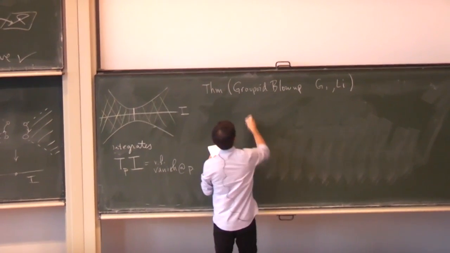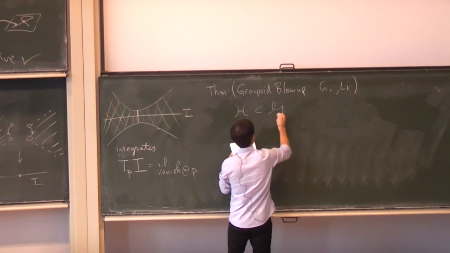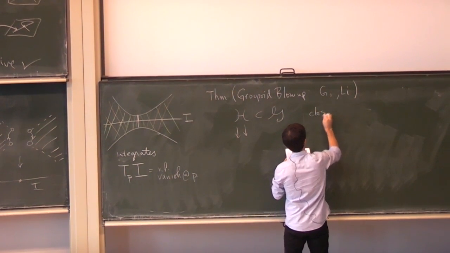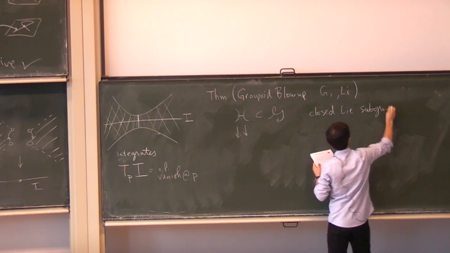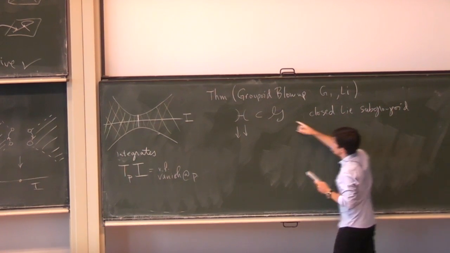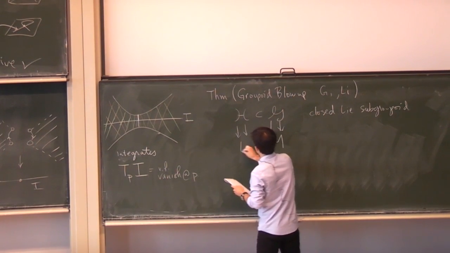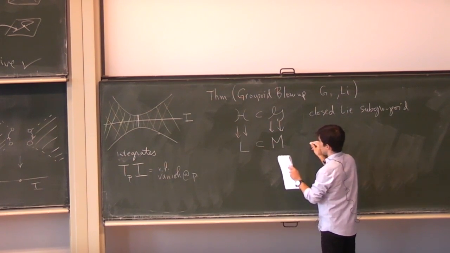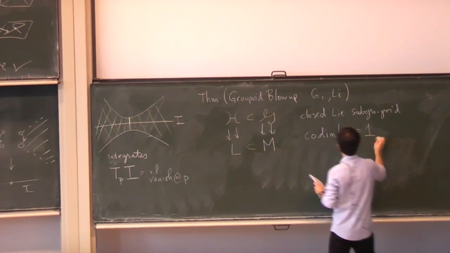Suppose that you have H inside G, a closed Lie subgroupoid of G. Suppose that G is a groupoid over M, and H is a groupoid over a submanifold L of M. And I want the codimension of L to be 1.